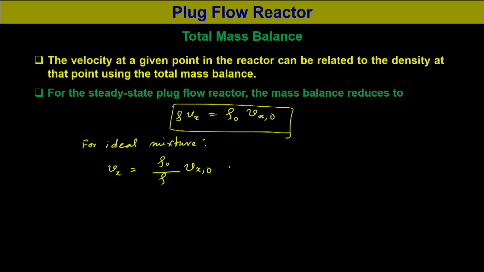So, then we can substitute n by n naught, T by T naught and into P naught by P, Vx naught.